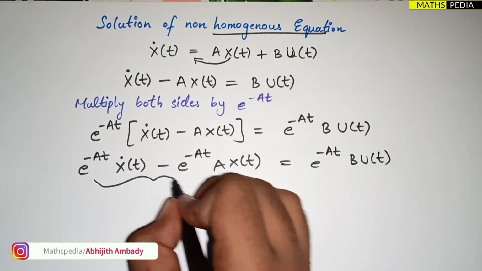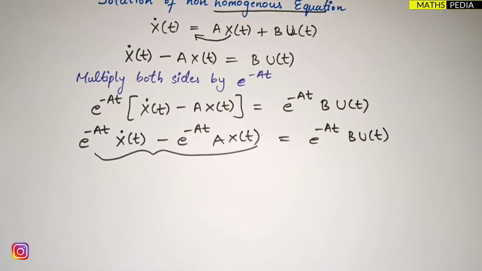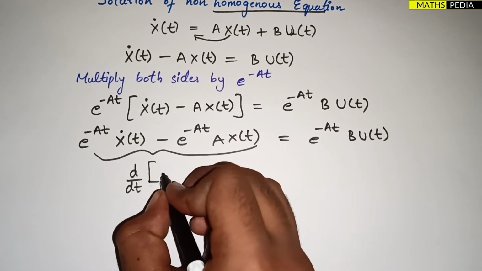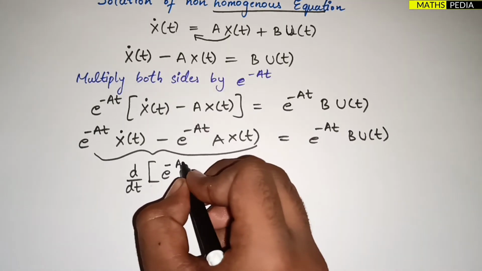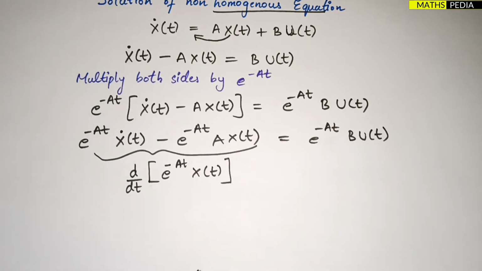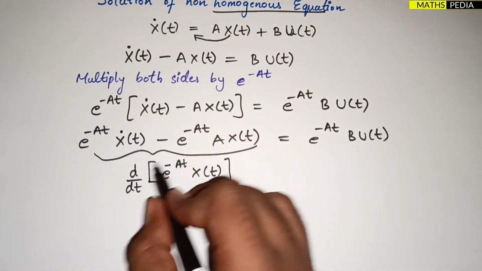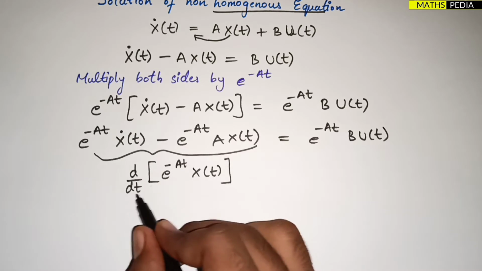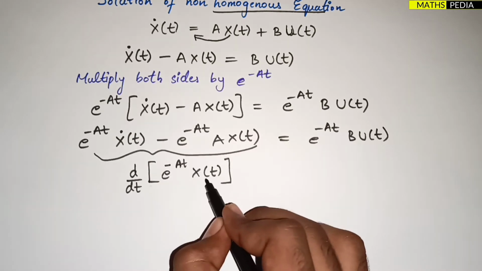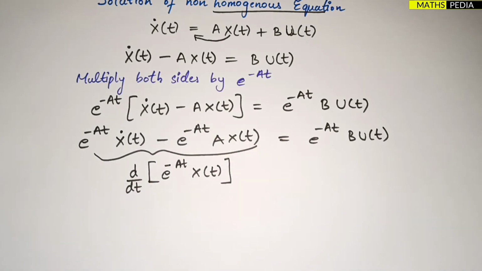When you observe this LHS part, you need to understand this is nothing but the differentiation of e power minus At into x of t. So how did we get this? We have to differentiate with respect to t, e power minus At into x of t. Let me show you how we are getting this.